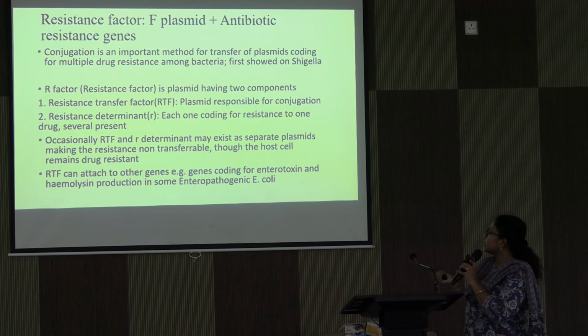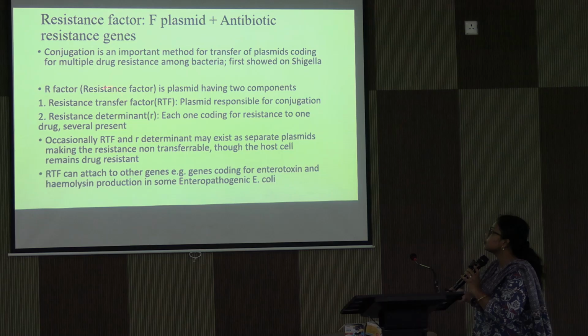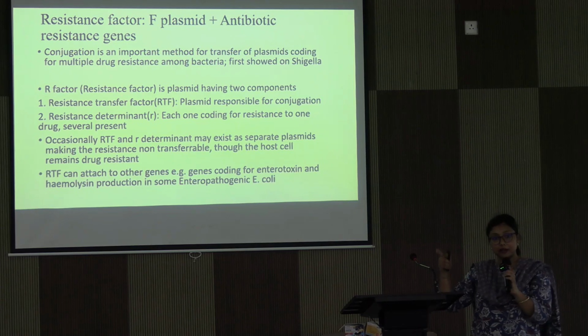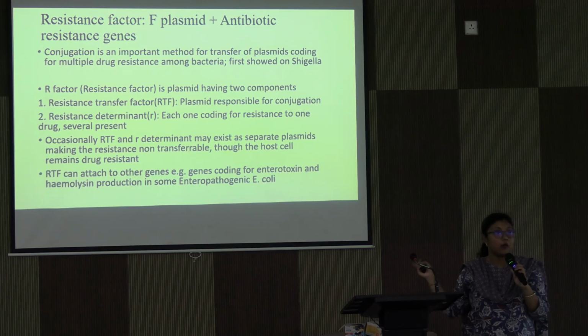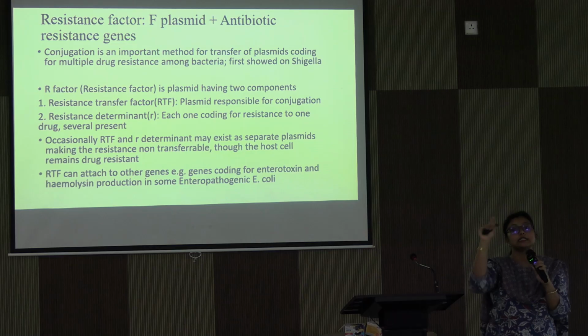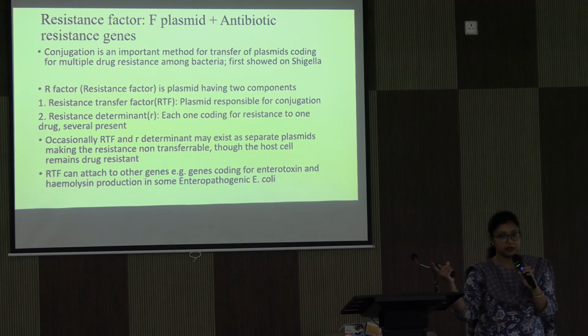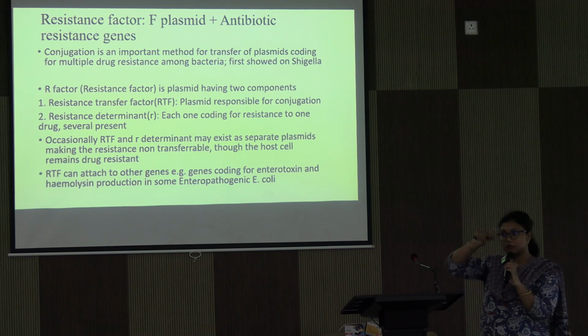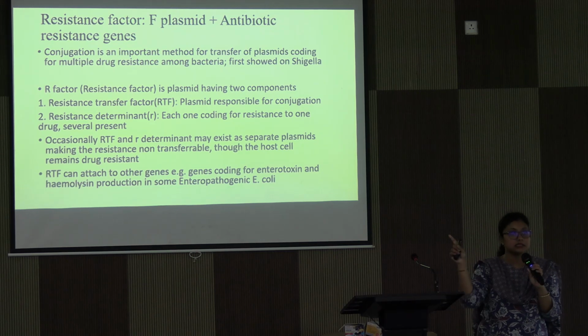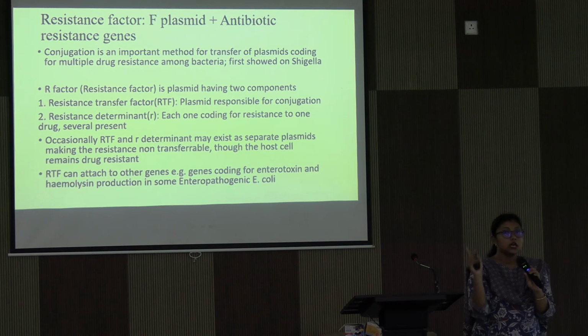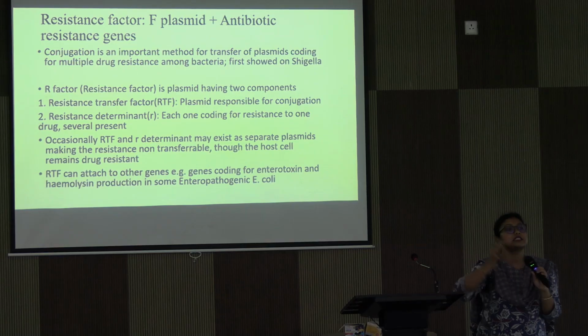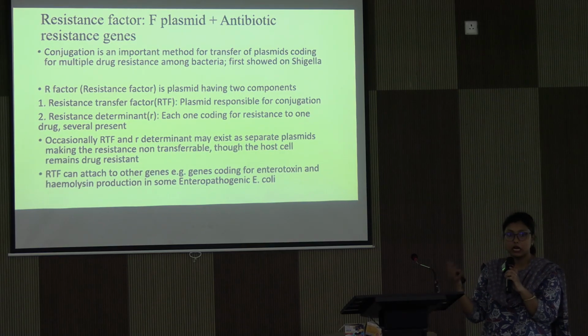There is one like the F factor, this is the R factor. Why R factor? Because this contains the different resistance genes for the different antibiotics. So by one cycle of conjugation, many drug resistance genes can get transferred. So we get a lot of MDRs.